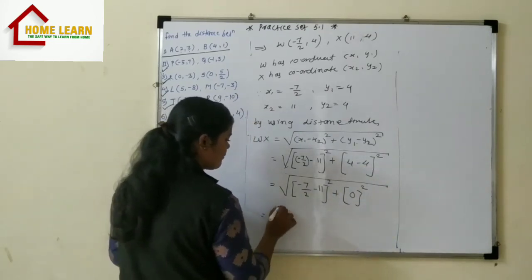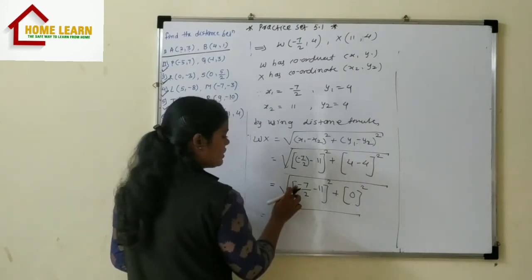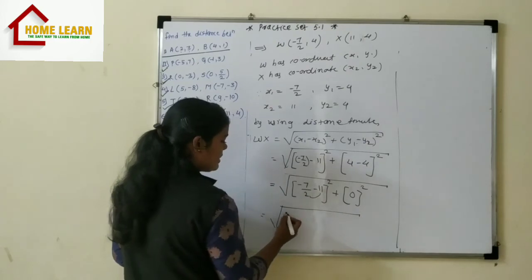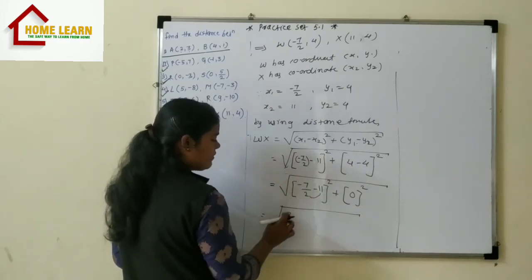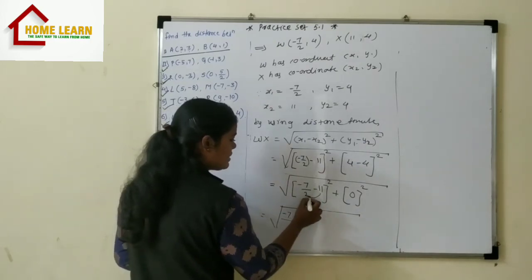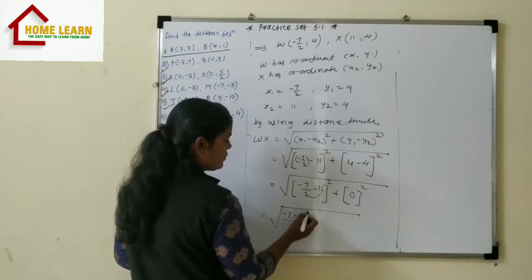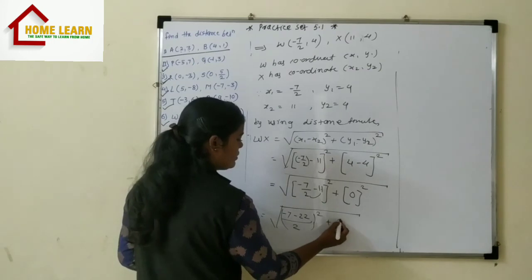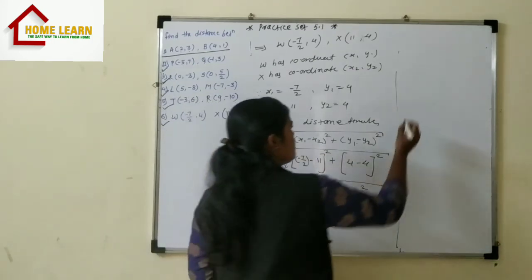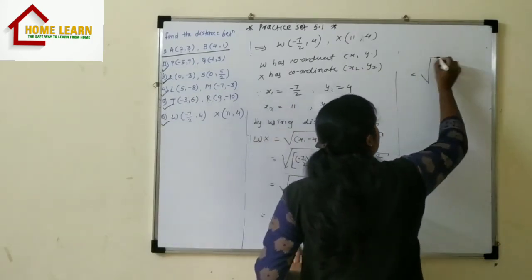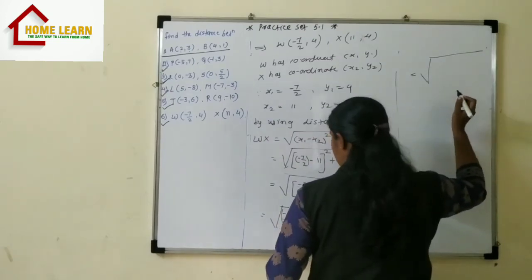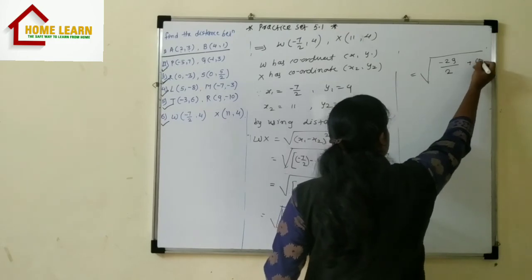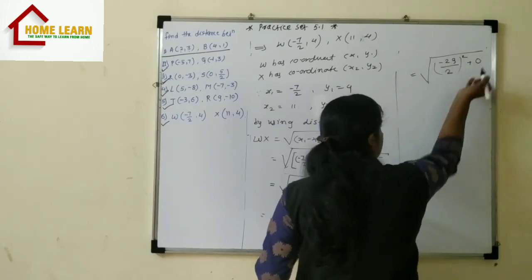Now see here, as this 11 has no denominator, multiply this number. Take -7 as it is. Multiply 11 by 2, we get 22, with denominator 2, squared, and here 0. After solving this, we get -7 minus 22, which is -29 upon 2, plus 0, squared.